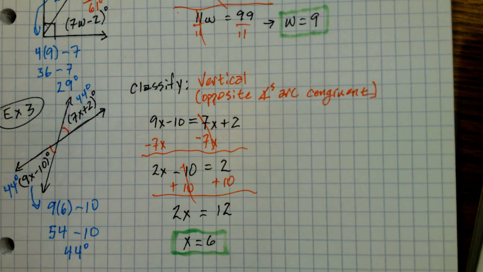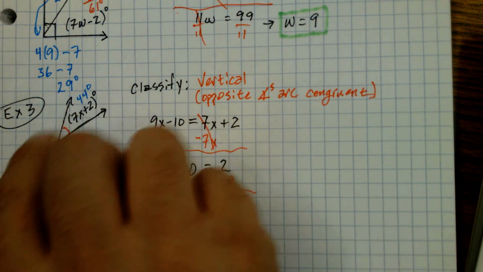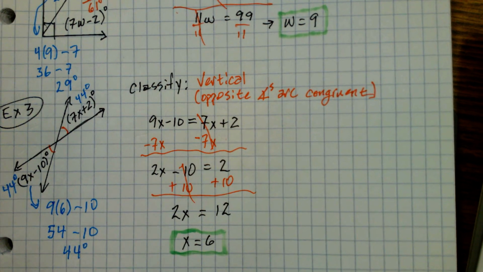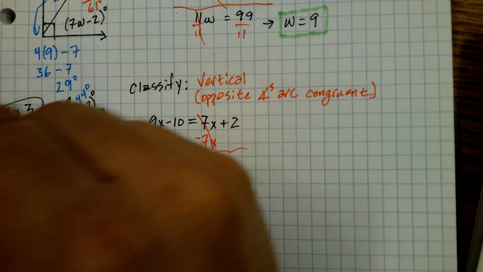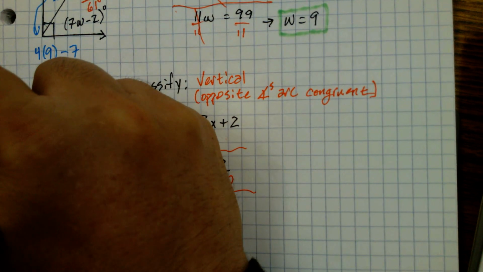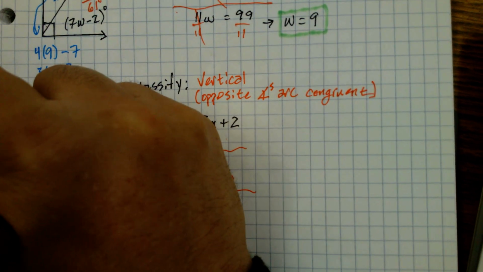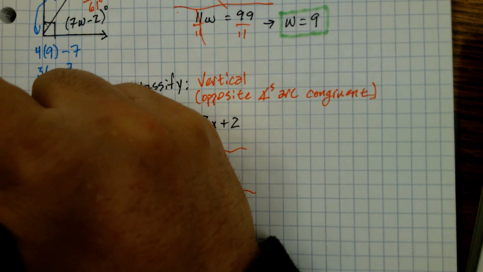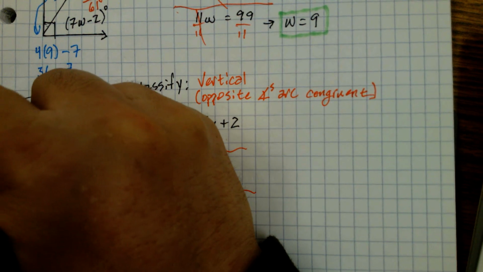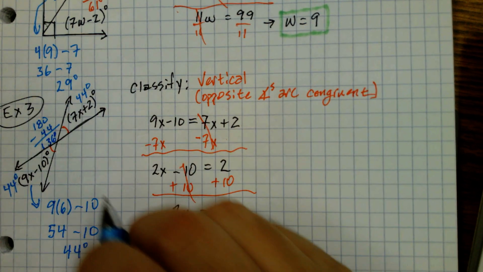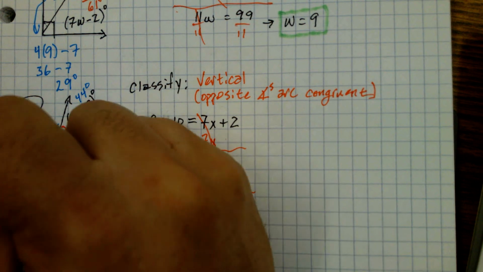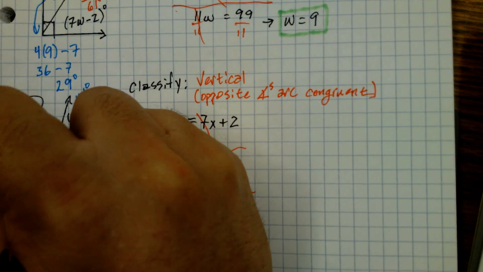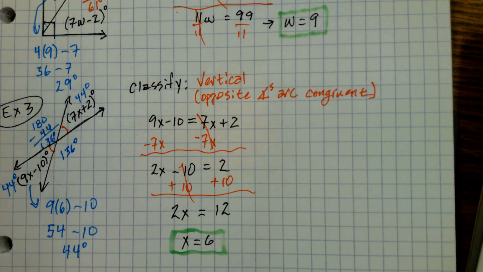It's 136 because 44 plus 136 makes a straight line. And since this is 136, this is 136. All right. So there you have it.